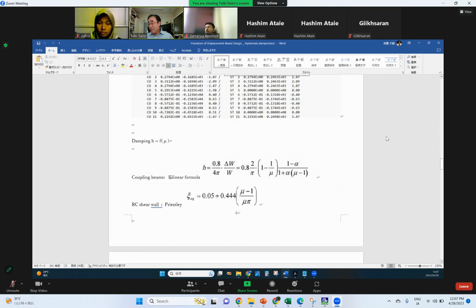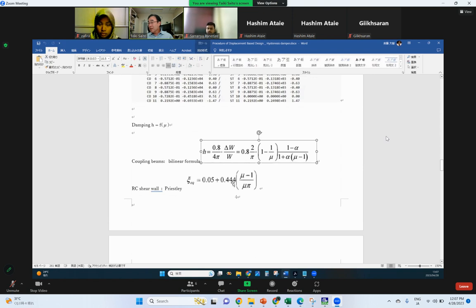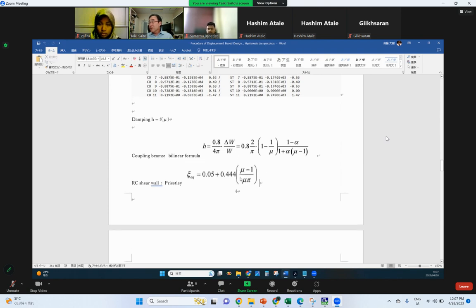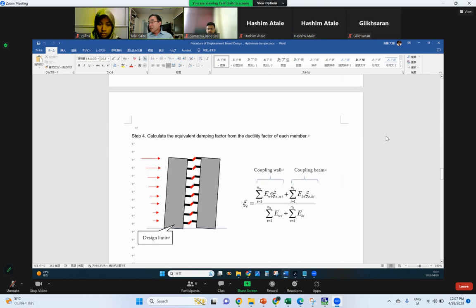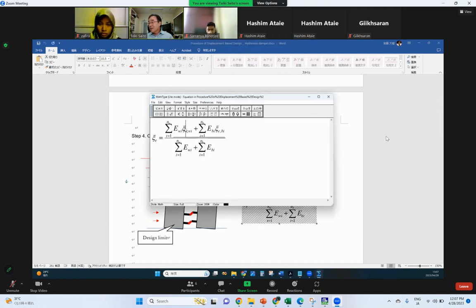This is a bilinear formula, the equivalent damping for bilinear hysteresis. And this is the equivalent damping for the wall element. After getting each equivalent damping, finally we calculate the total equivalent damping. Sorry, it's not written H, so it must be maybe H.